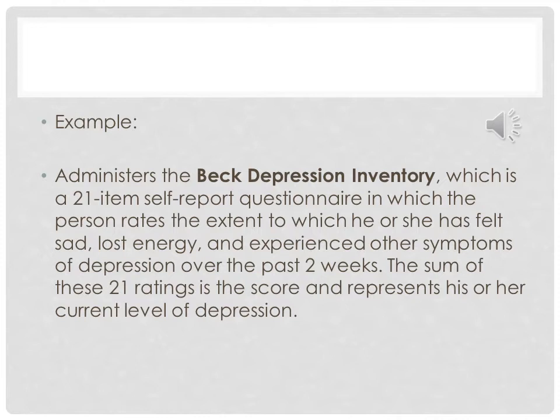When you are administering this psychological test, the Beck Depression Inventory is a 21 item self report questionnaire in which the person rates the extent to which he or she has felt sad, lost energy, and experienced other symptoms of depression over the past 2 weeks. The sum of these 21 items is the score and represents his or her current level of depression.